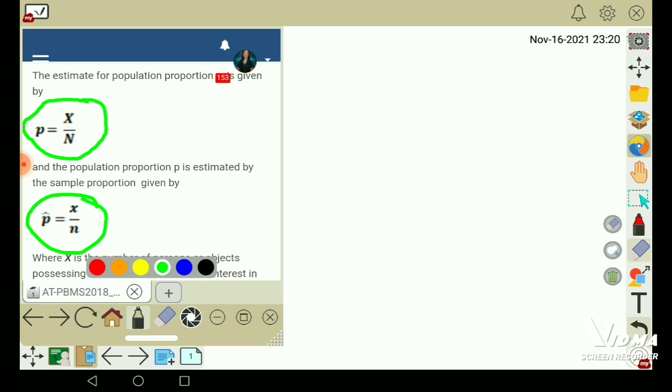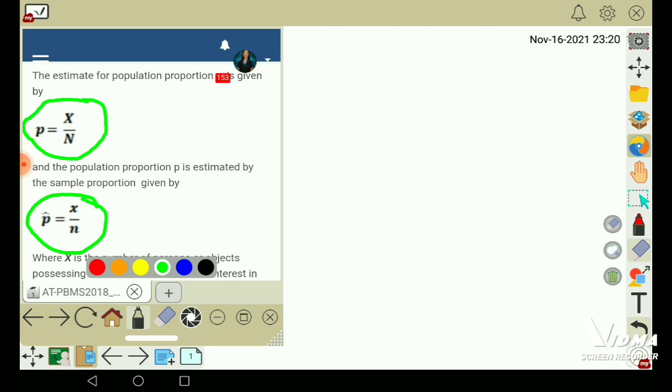As you can see, your sample proportion is represented by p hat, the letter P with a hat on it. The capital letter X represents the number in the population, while the capital letter N represents how many are in the population.